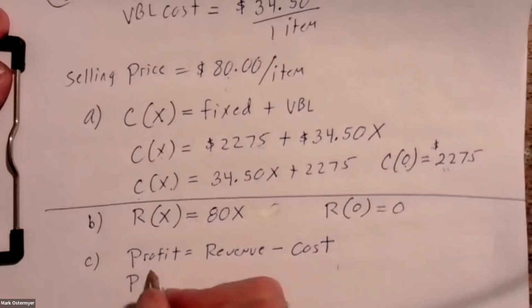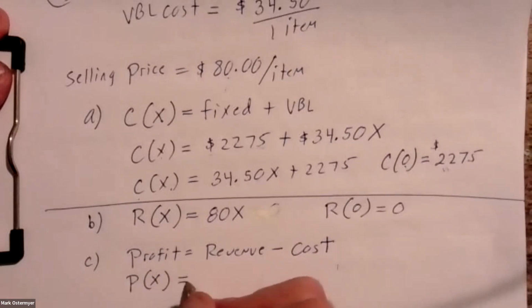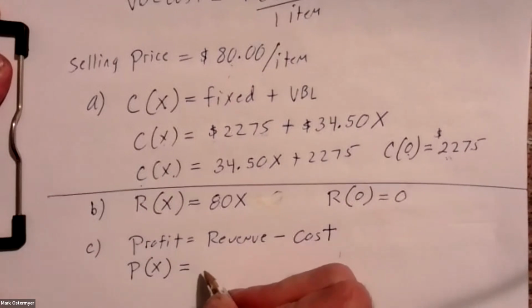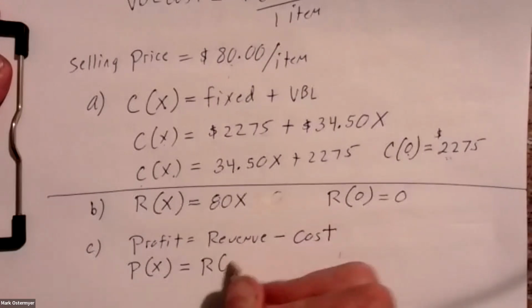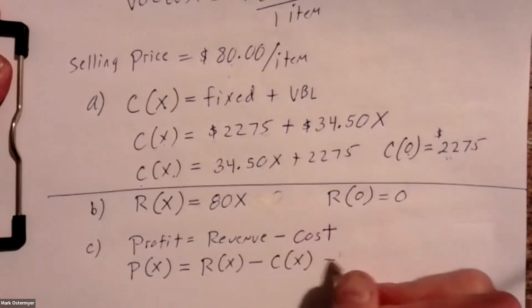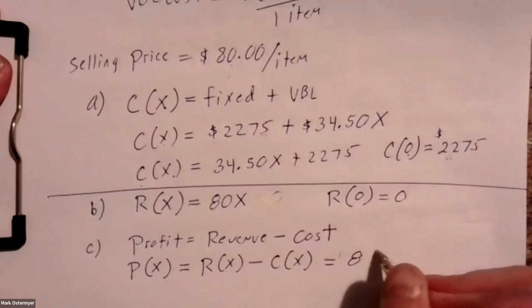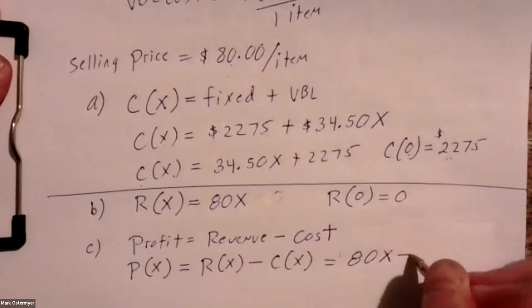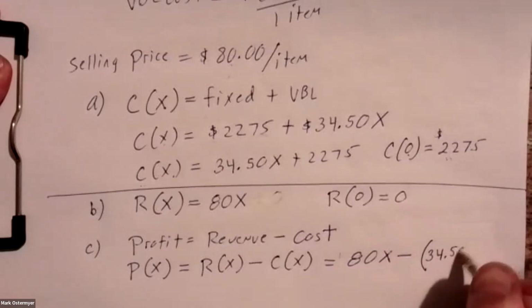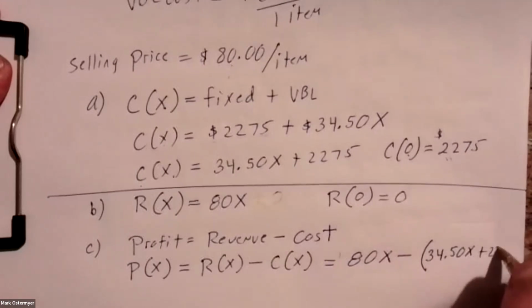So to develop this profit function, P of X, is simple. We just use a little bit of algebra of functions. We take our revenue function, R of X, and subtract off our cost function, C of X. Our revenue function was found to be 80X. Subtracting our cost function, 34.50X plus 2275.